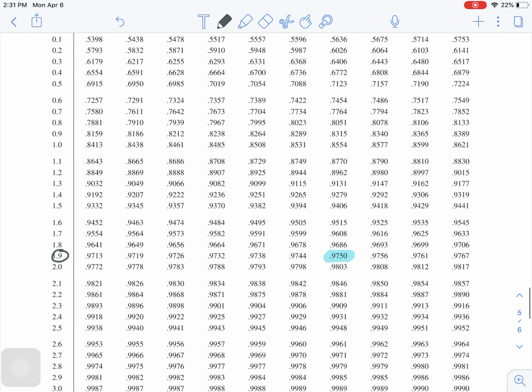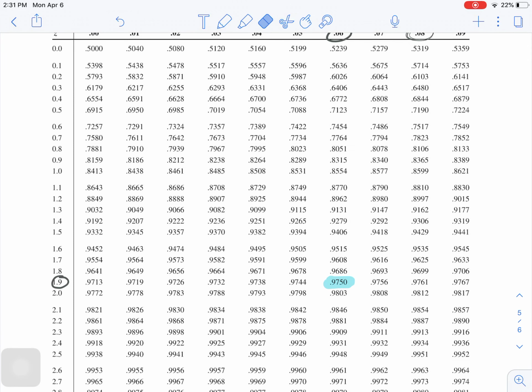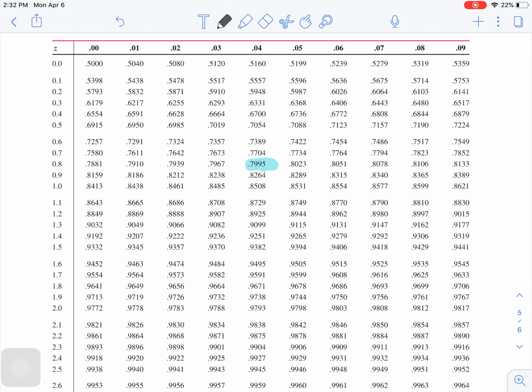Let's see if we can find that. Okay, I think this is the closest we're going to get, 0.7995. That corresponds to a z-score of 0.84.